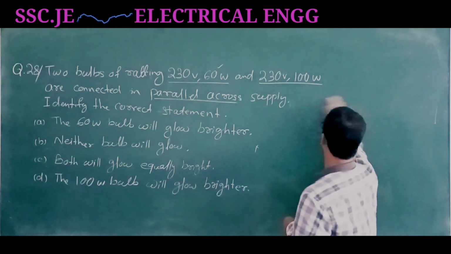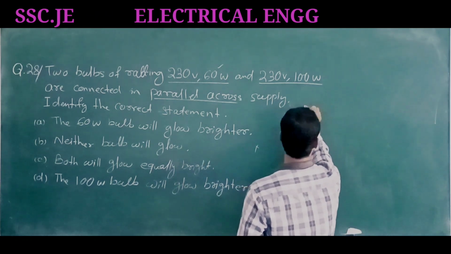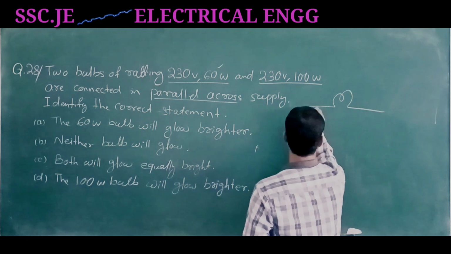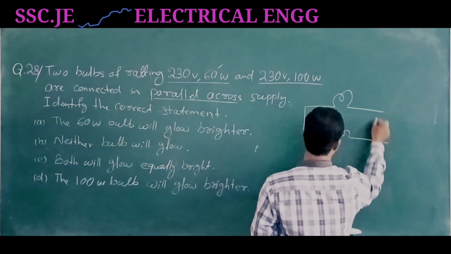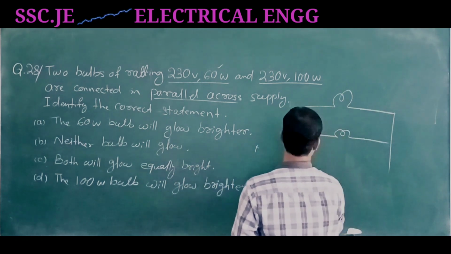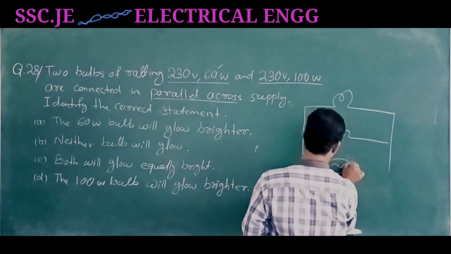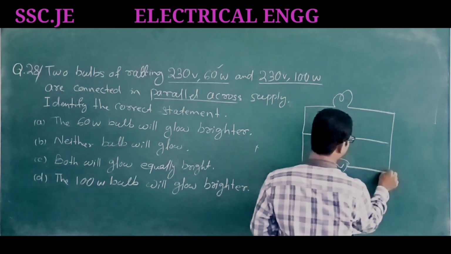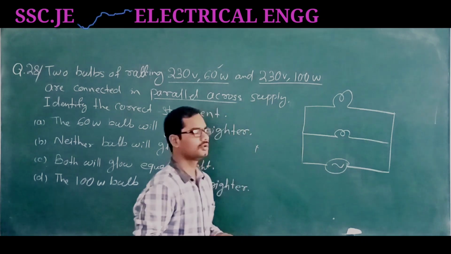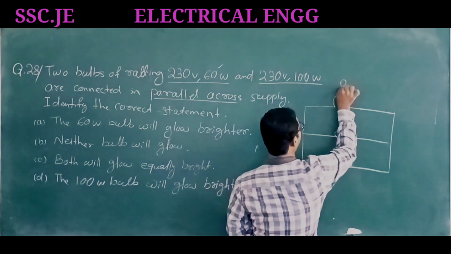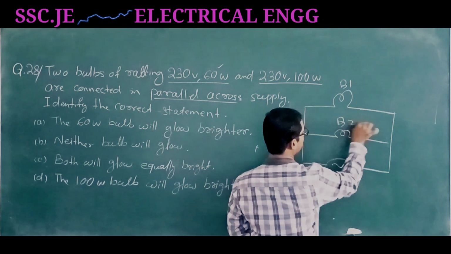Okay, so if we draw the diagram, first bulb, so this is the condition for parallel connection. So this is your bulb number 1, this is bulb number 2.